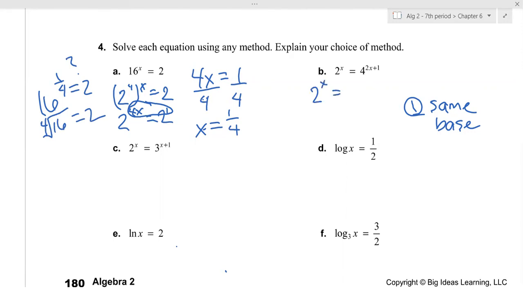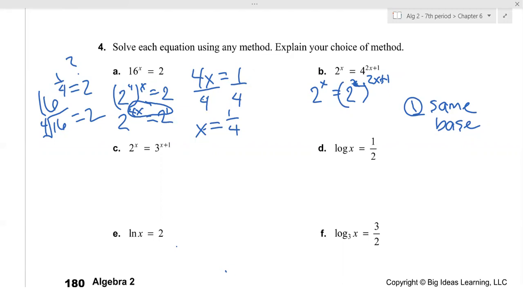I'm looking at a base of 2 and saying, well, I want to write 4 with a base of 2. So then I would take 2 squared, and then raise that to the 2x plus 1. I'm using this other pen that's not going to make sound every time I use it like the other one does. So this one's a little bit different.